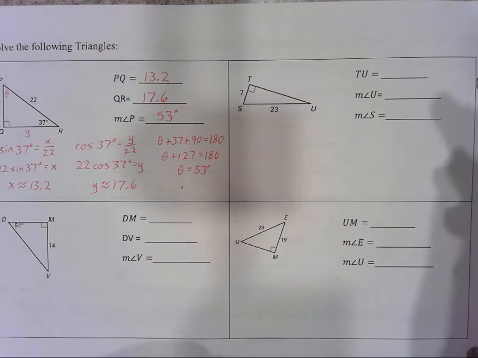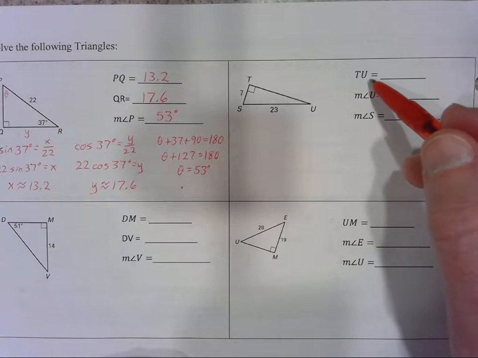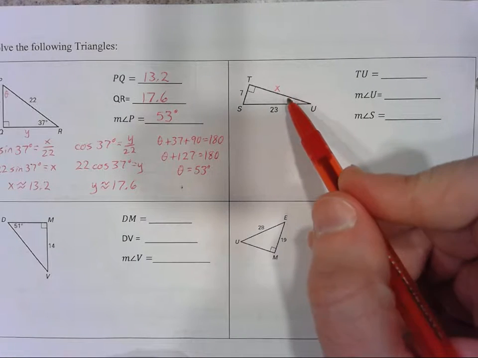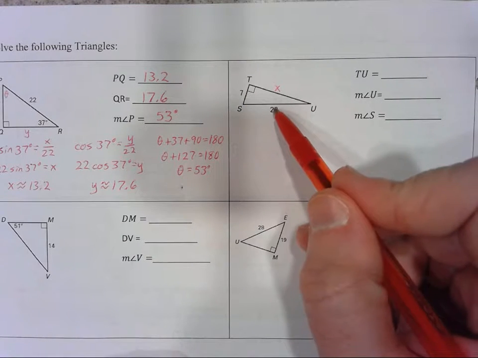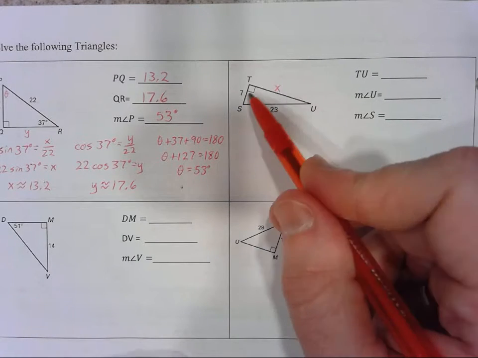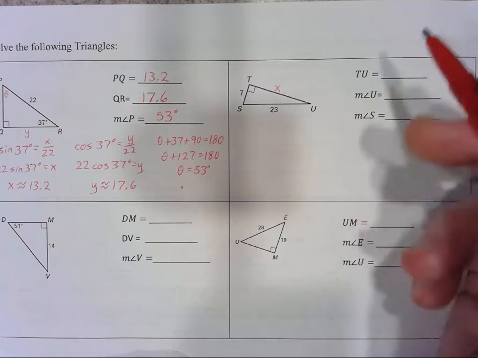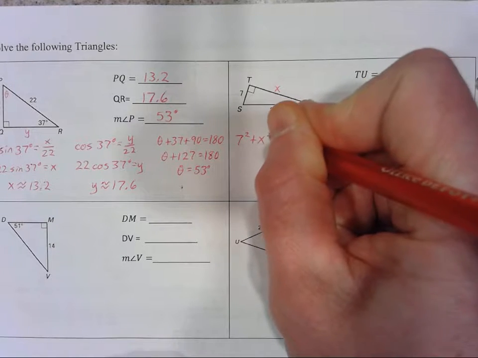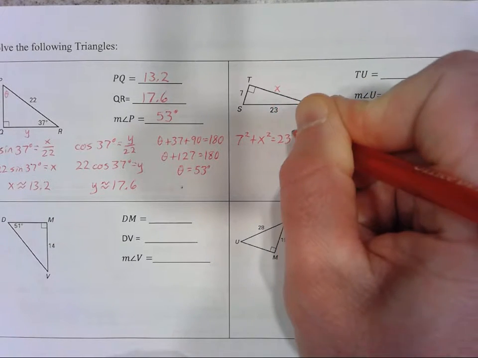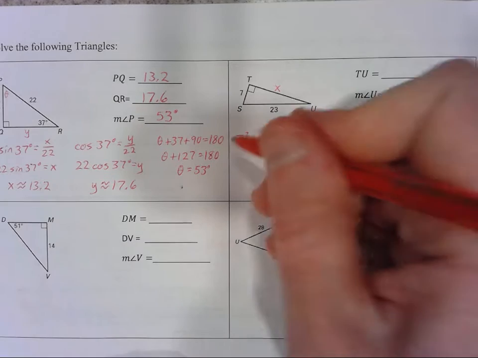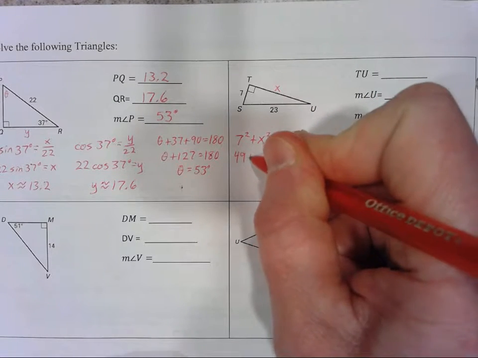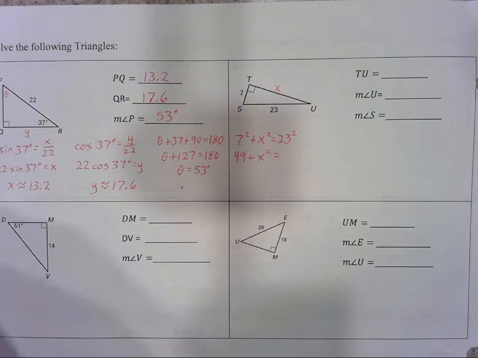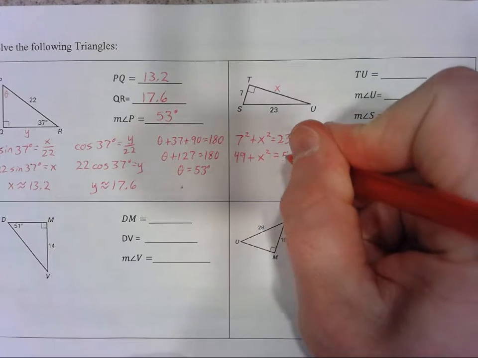The next one over asks us to start by finding TU. Well, in this case, we know two of the sides, we're looking for the third side. So we can use Pythagorean theorem. 7 squared plus x squared equals 23 squared. 7 squared is 49. 23 squared is 529.